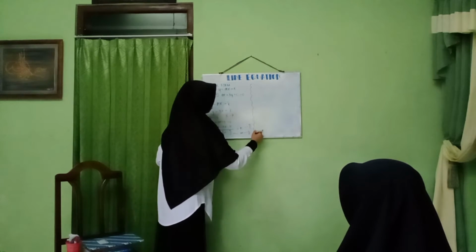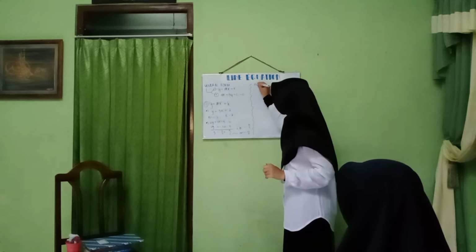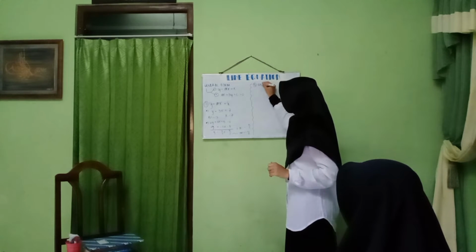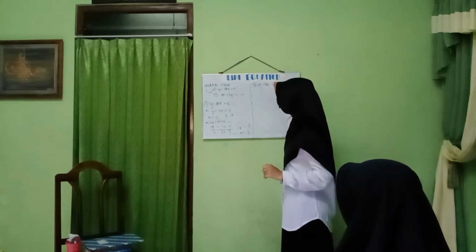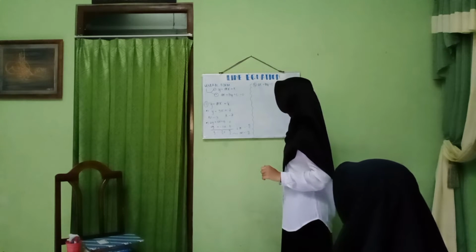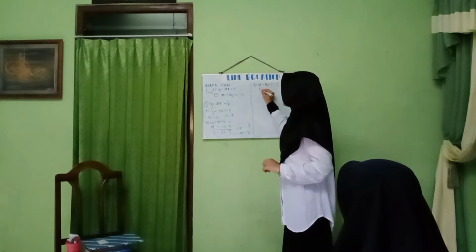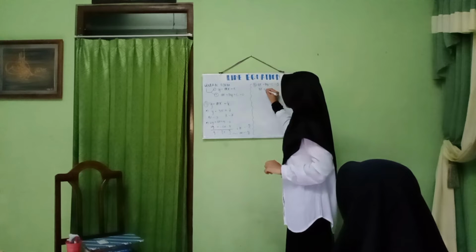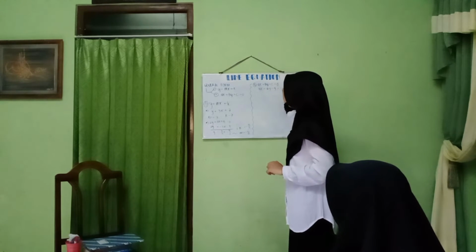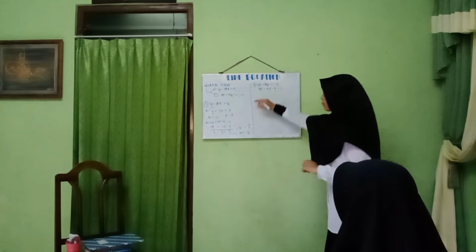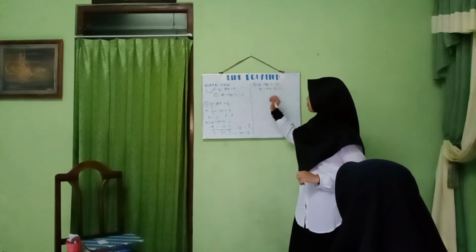Now, I want to talk about the second one. The second general form is ax plus by plus c is equal to 0. Suppose I have 3x plus 6y minus 9 is equal to 0. From this equation, you can determine the a, b, and c.